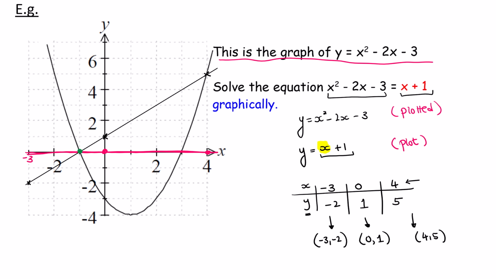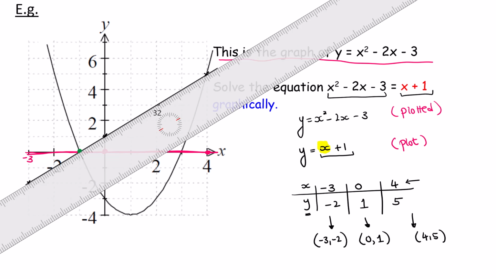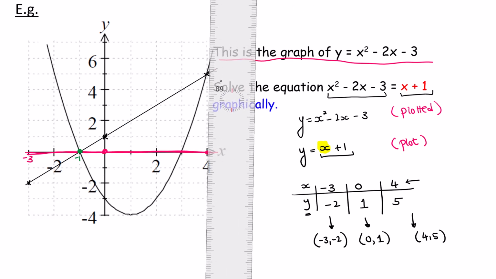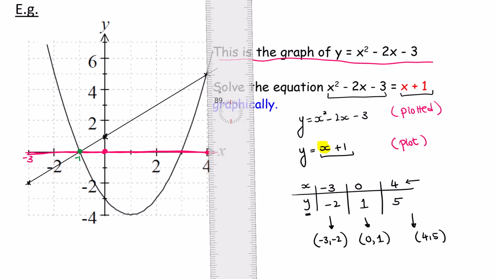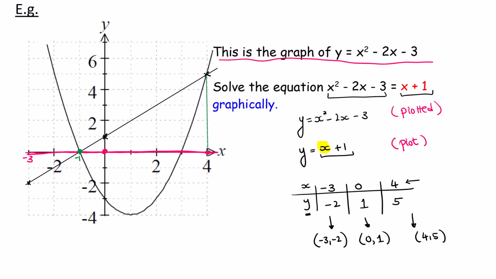It cuts it there at x is -1, and also if I use my ruler and trace this down, you can see that it cuts it at x equals 4. So if that is step 1, step 2 is to give the answer, the solutions, and it's x equals -1 and x equals 4.